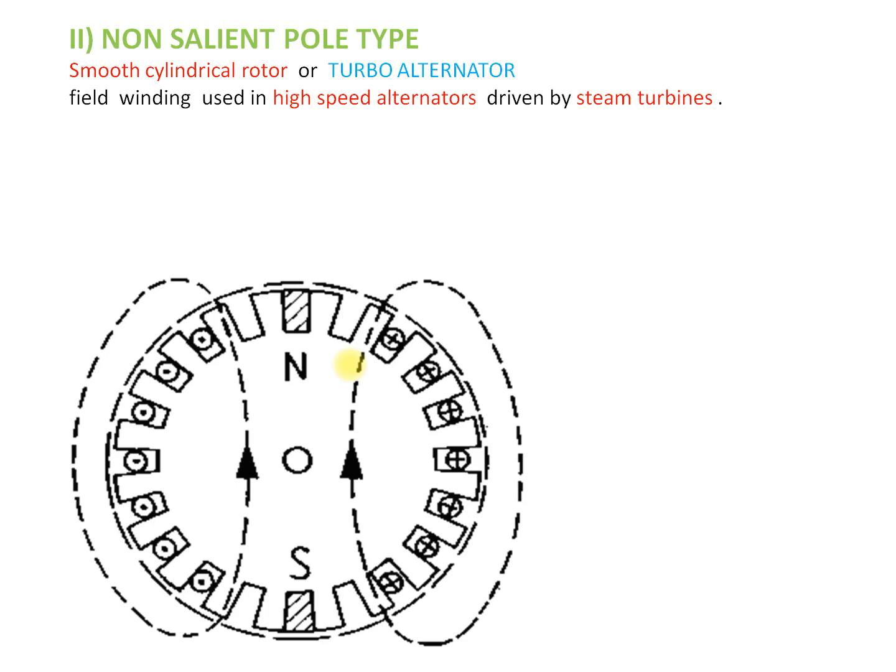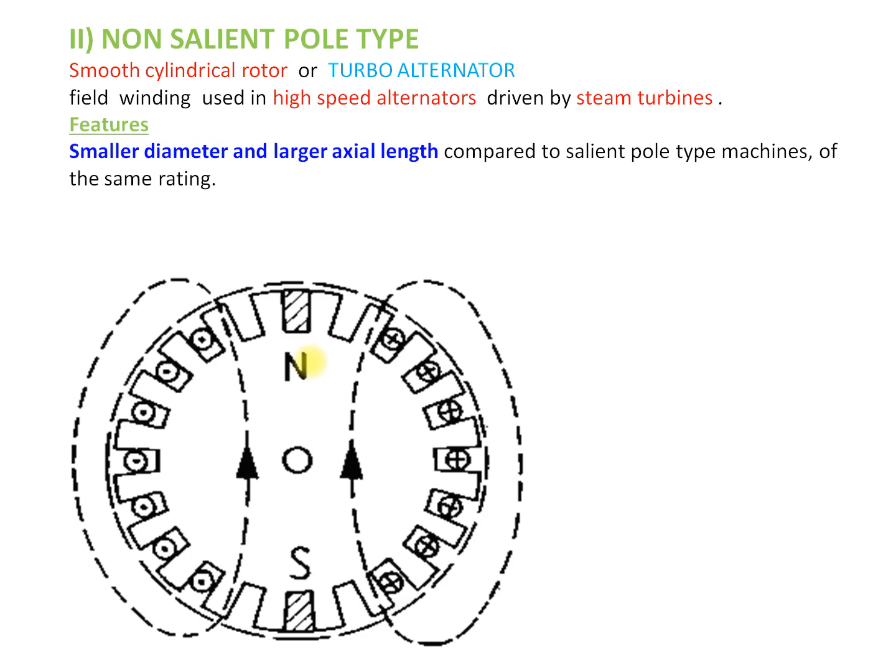rotor winding. Since this particular cylindrical rotor has a very smooth air gap length, these are going to be smooth cylindrical rotors, and these can be operated at higher speeds, so that these particular rotors can be driven by the steam turbines.